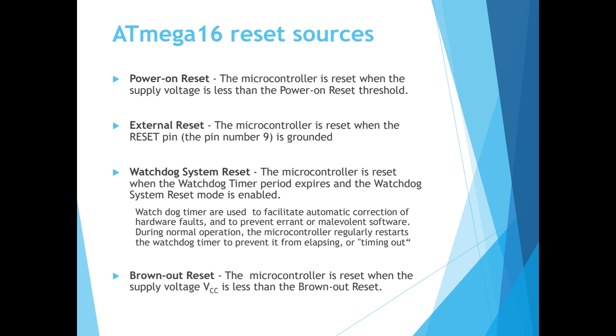During normal operation, the microcontroller regularly restarts the watchdog timer to prevent it from elapsing or timing out. And when it's required, by using the watchdog reset, we can reset the microcontroller. Another reset source is a brownout reset. The microcontroller is reset when supply voltage VCC is less than the brownout reset level.